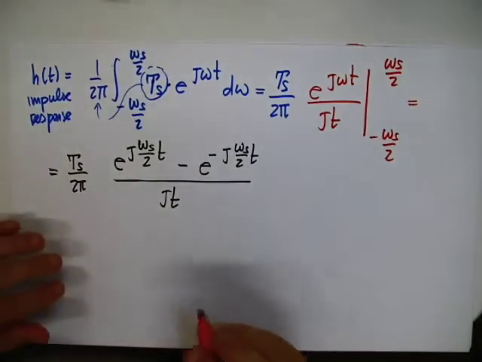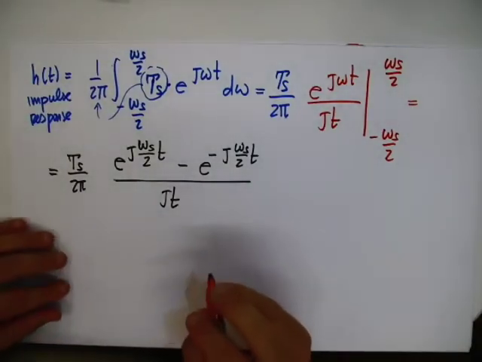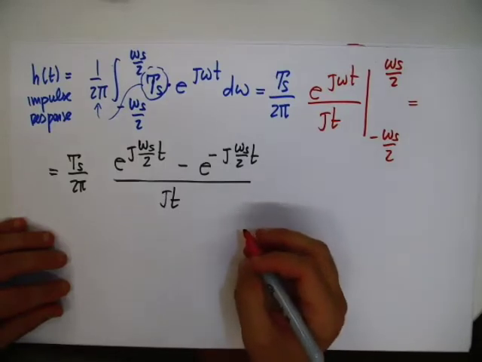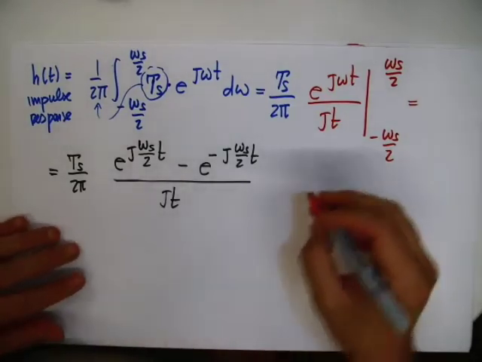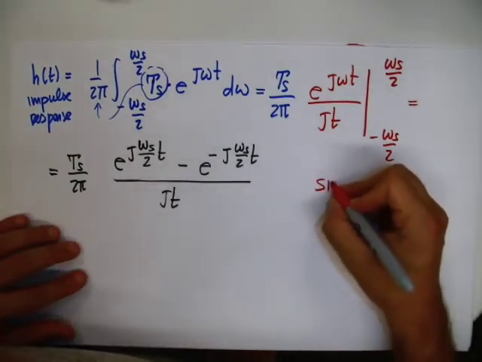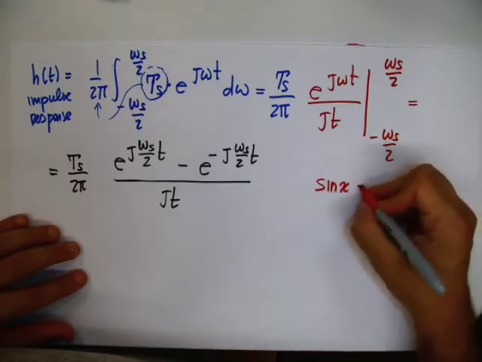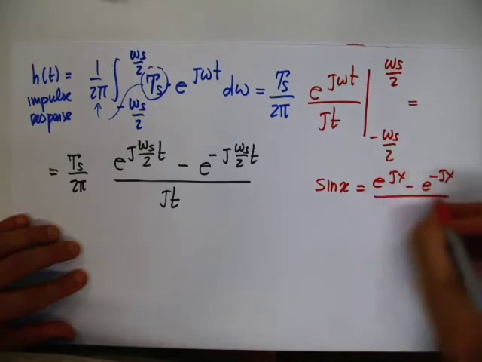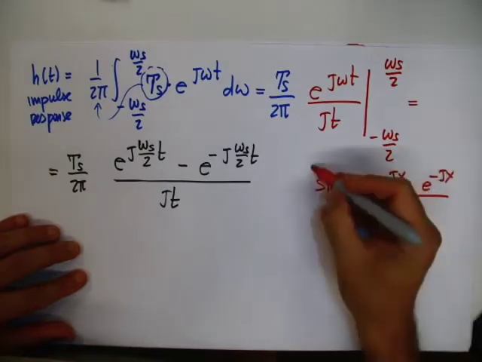But now I can apply the Euler formula, because I remind you that sine of x is equal to e to the jx minus e to the minus jx divided by 2j.